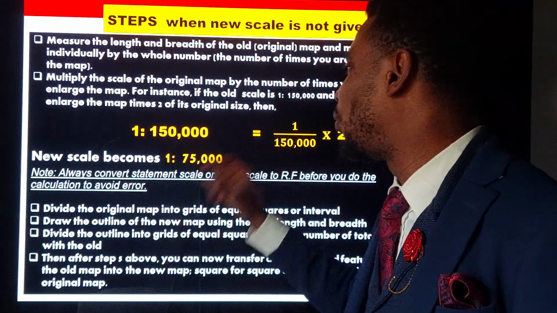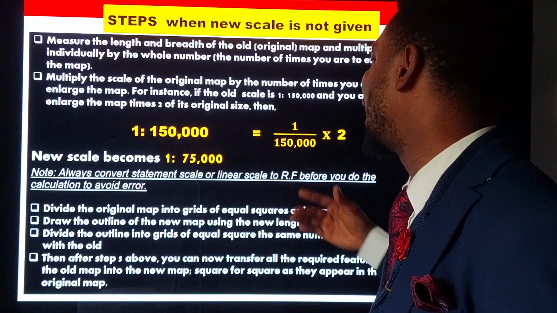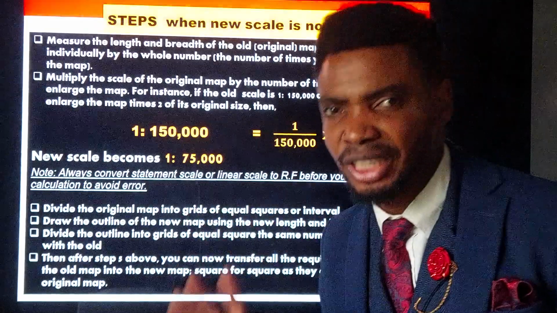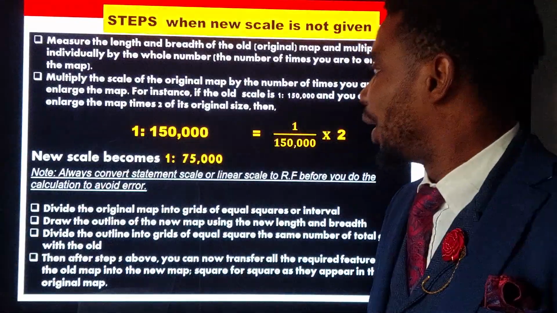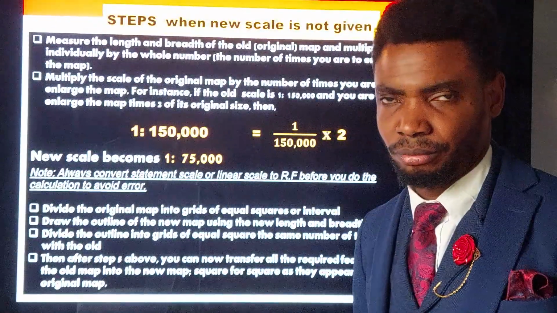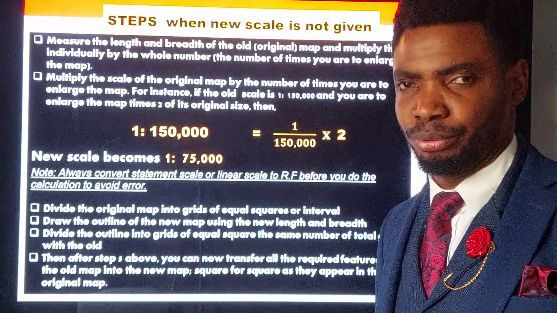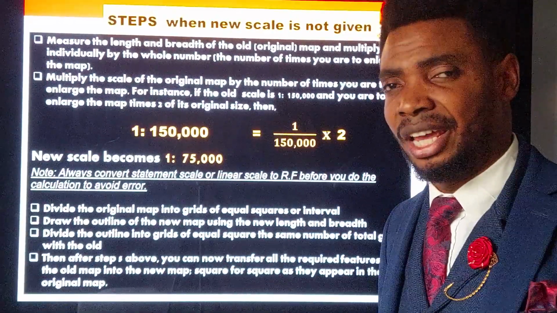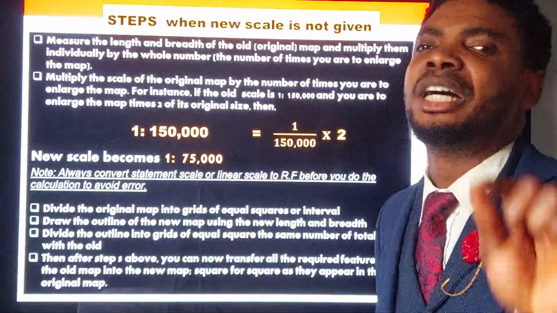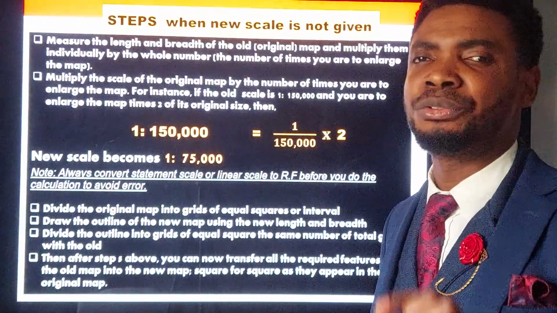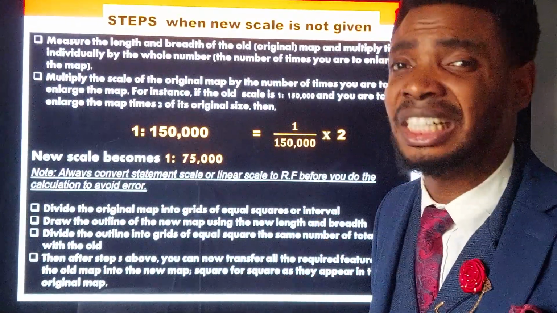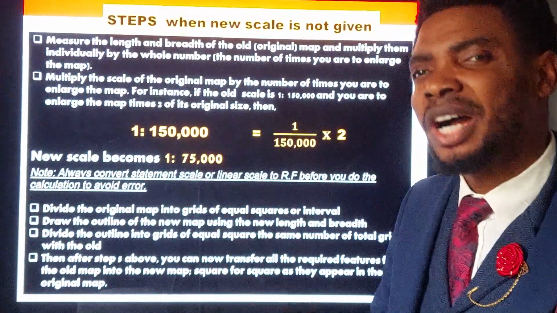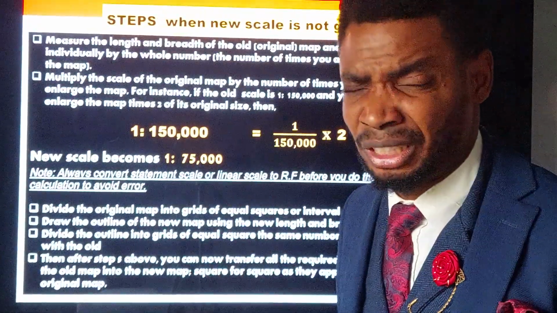So note, always convert statement scale to linear scale or representative fraction before you do the calculation to avoid error. If you are given a scale in the original map and they write there 1 centimeter represents 150,000, if you are given it like that in a statement form, please don't forget to convert it and write it as a representative fraction.